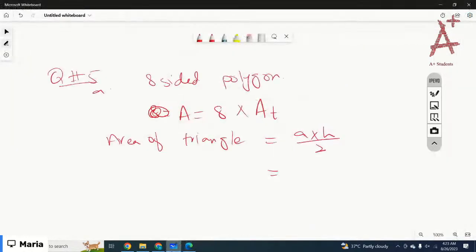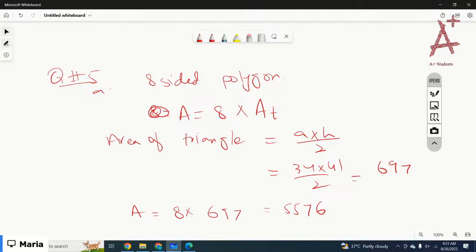So it would be 34 times 41 over 2. So when you multiply, it would be 697, right? That is the area of one triangle. You have to calculate the area of the polygon. It would be 8 times 697, that is 5576, right?